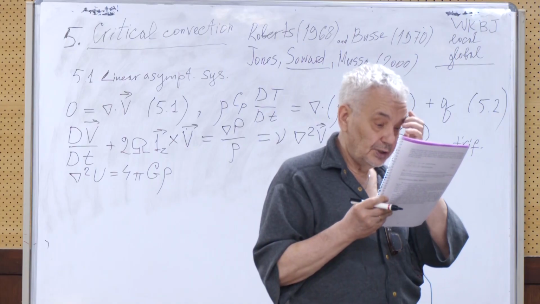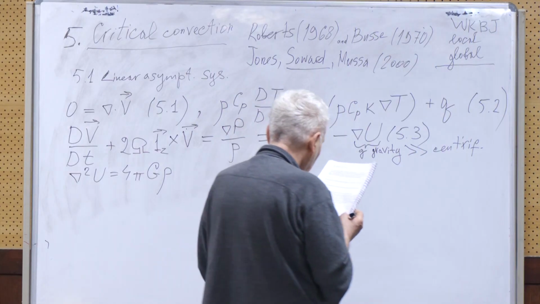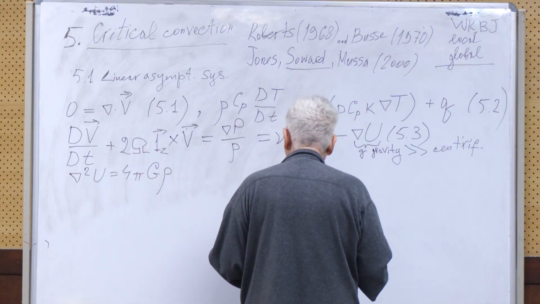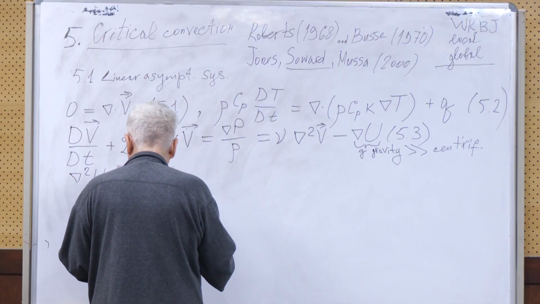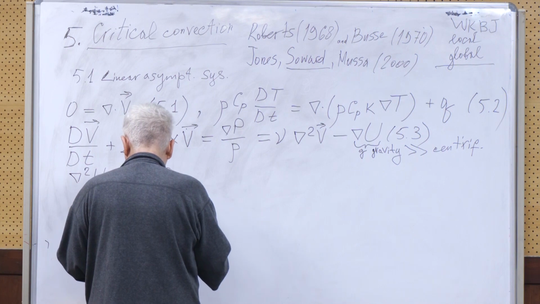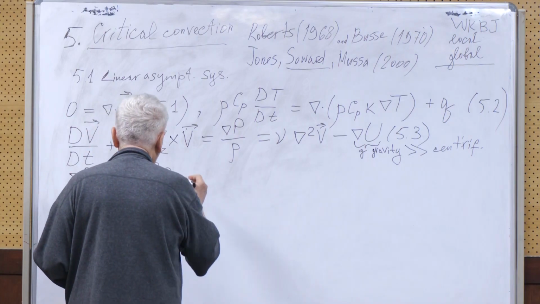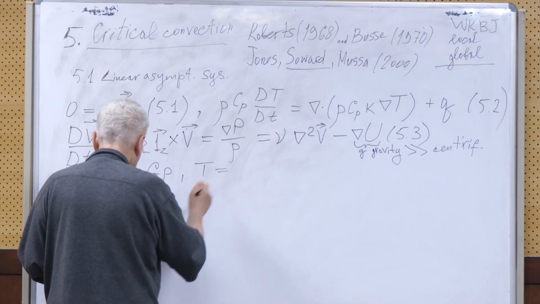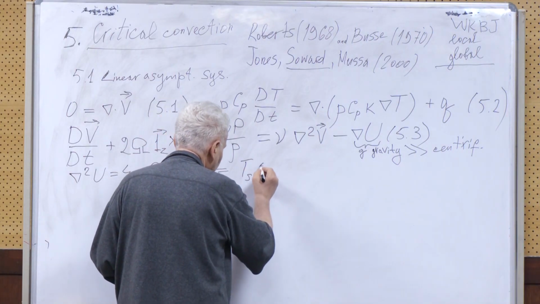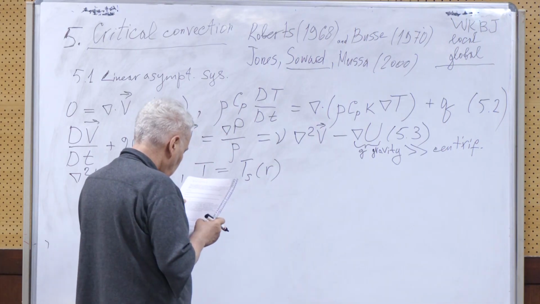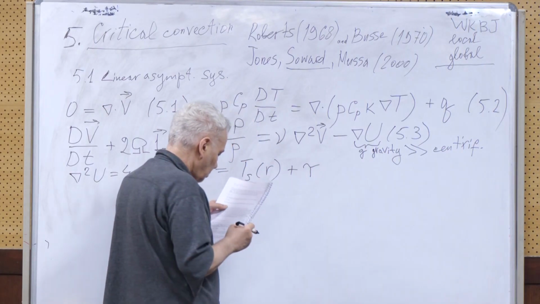And the temperature profile in our spherical geometry can be presented in the following form: a steady temperature profile. There is a steady part which depends only on radius, and there is an unsteady part which we denote here as tau.